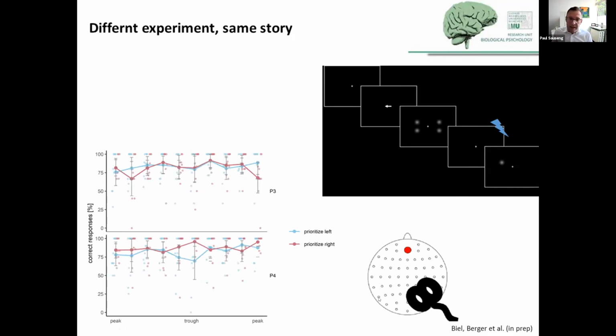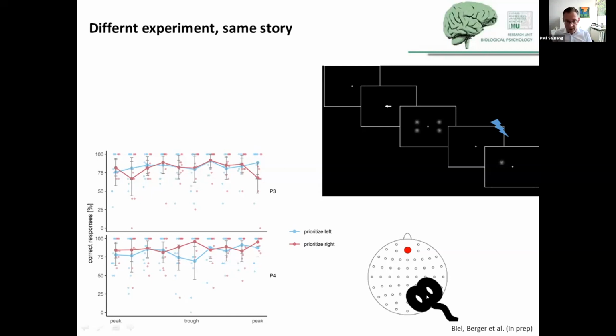What we found was that when we stimulated the left parietal cortex, there was no effect whatsoever. However, when we stimulated the right parietal cortex, we found a significant modulation of behavior based on at which frontal midline theta phase we delivered the TMS pulse.